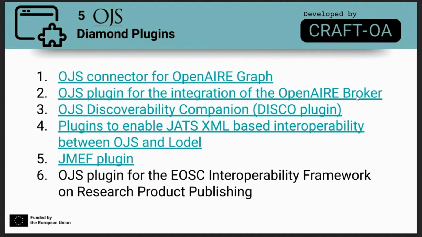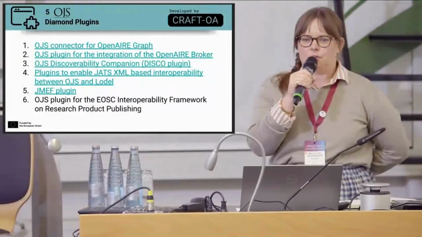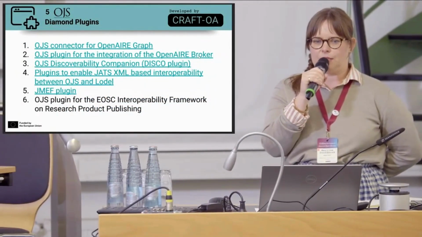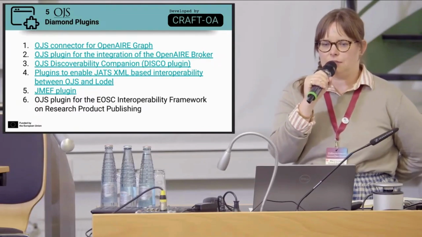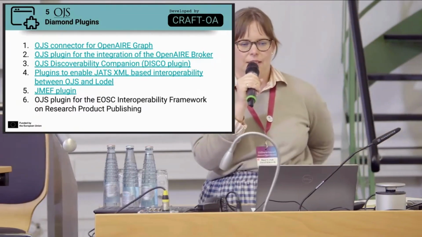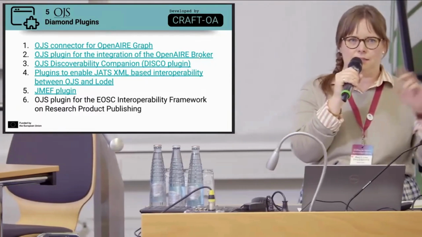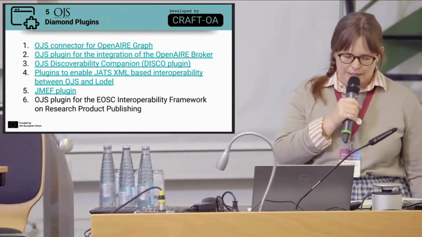And so now we have 6 Diamond plugins. I will walk you through them and briefly explain what they do. And later, when you receive the presentation, you can easily click on the name, download the plugin and use it.